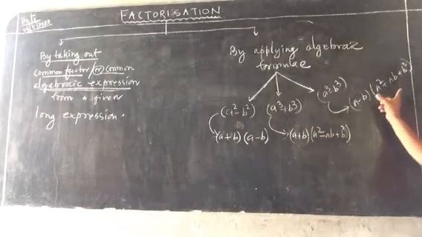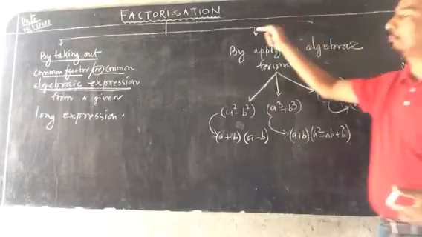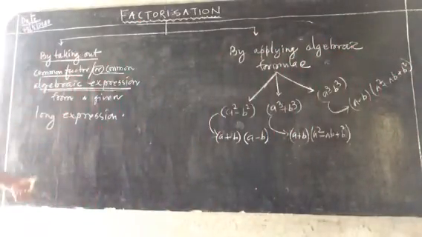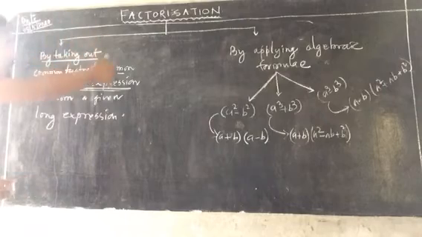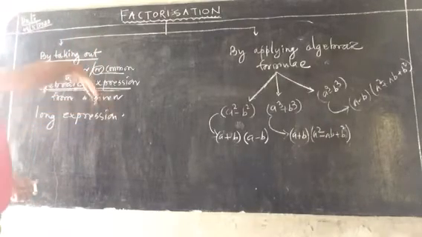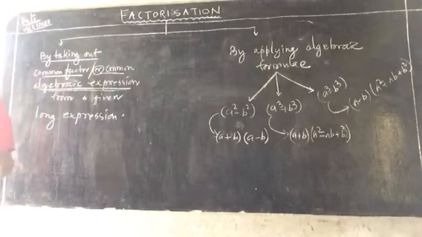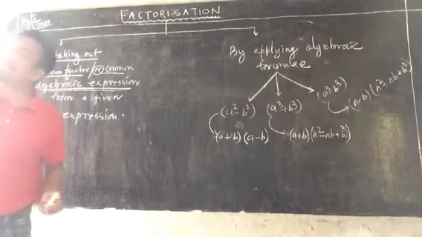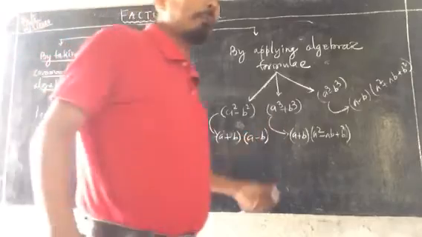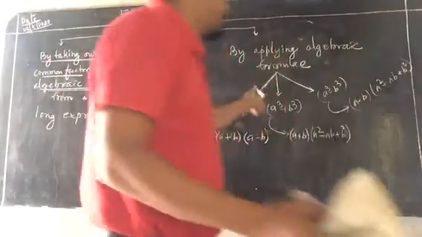So these formulas can be used to express any algebraic expression in the form of a product, or to factorize the expression. If you have to factorize any algebraic expression, then mostly you have to use this standard type of formula. Three formulas are given here.